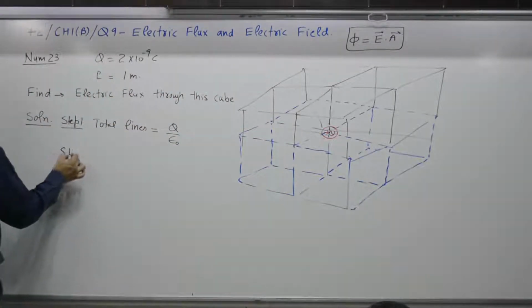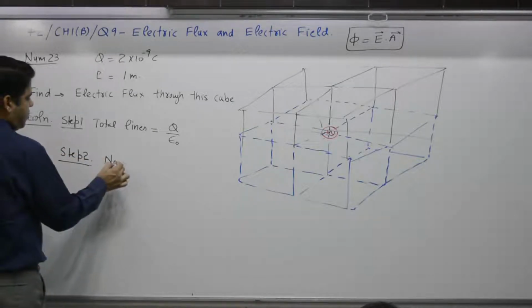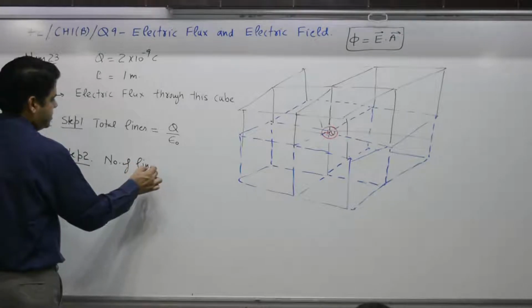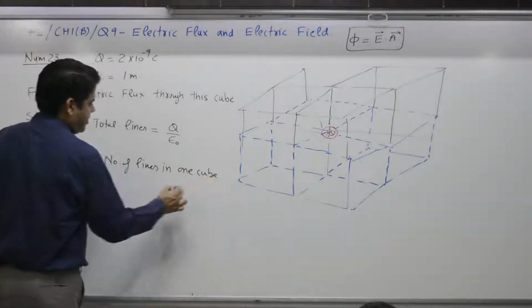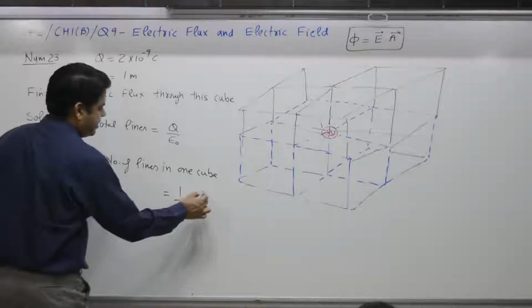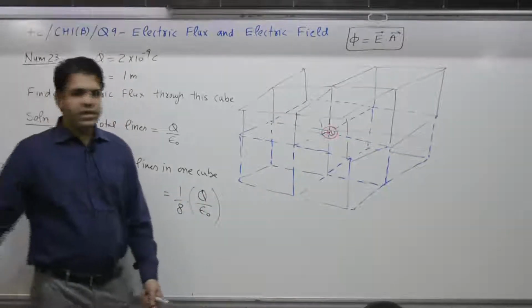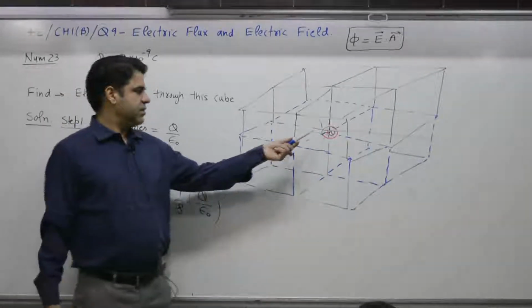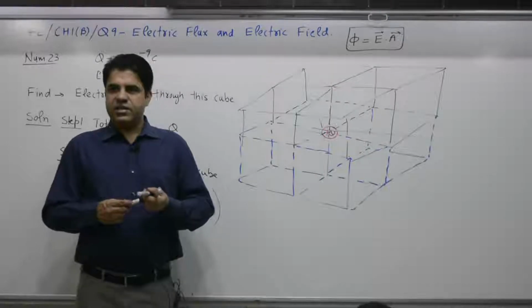So step 2: number of lines passing through 1 cube is equal to 1 by 8. It is not 1 by 4, but what you're thinking is the line is close enough. So it is 8. Simple.